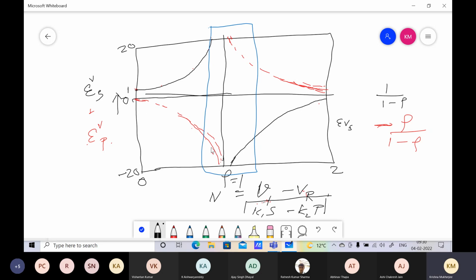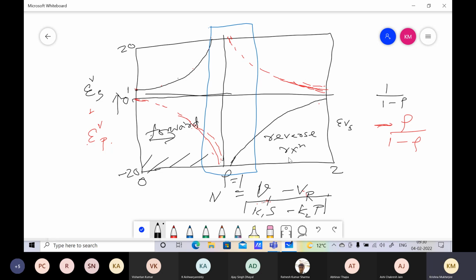Okay? So the problem of course, when rho values are less than 1, this zone here is the forward reaction. Makes sense because this is positive, this is negative, so it is forward reaction. And this part here represents the reverse reaction taking place because rho is greater than 1.